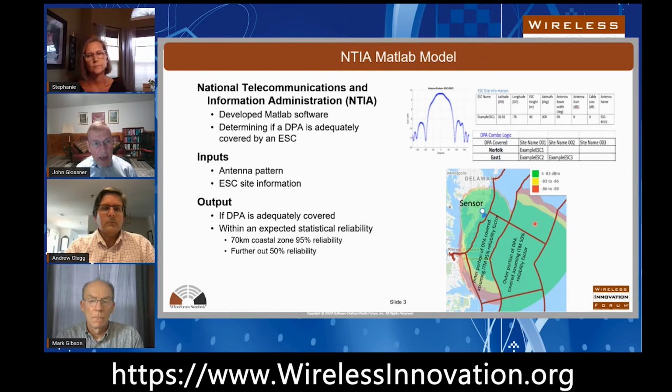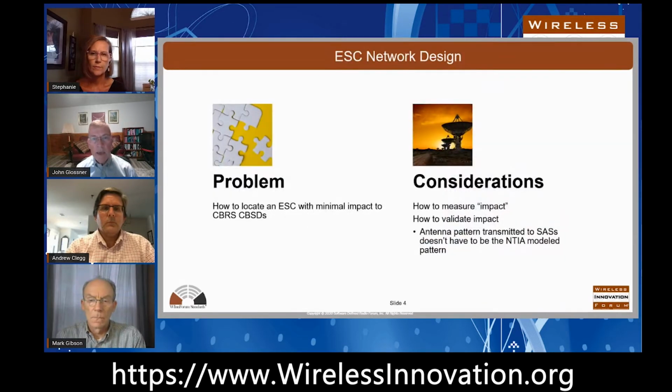So given that, and given what the ESC impact sensitivity is within that DPA, then we tried to figure out, well, how can you locate an ESC sensor with minimal impact to a CBSD? And also we had to discuss, well, what does it mean, impact?